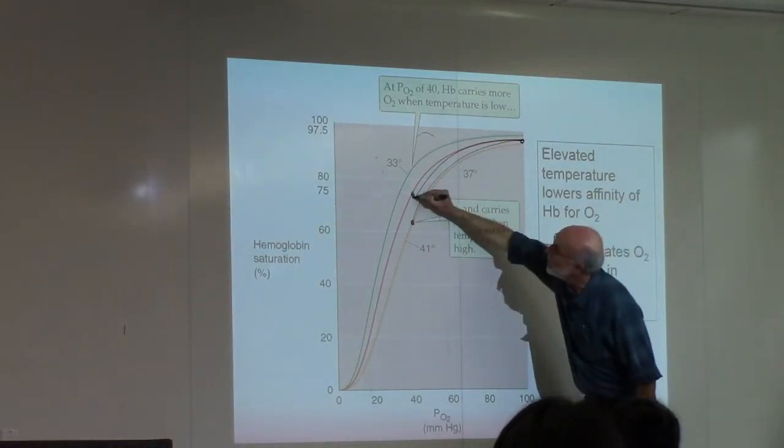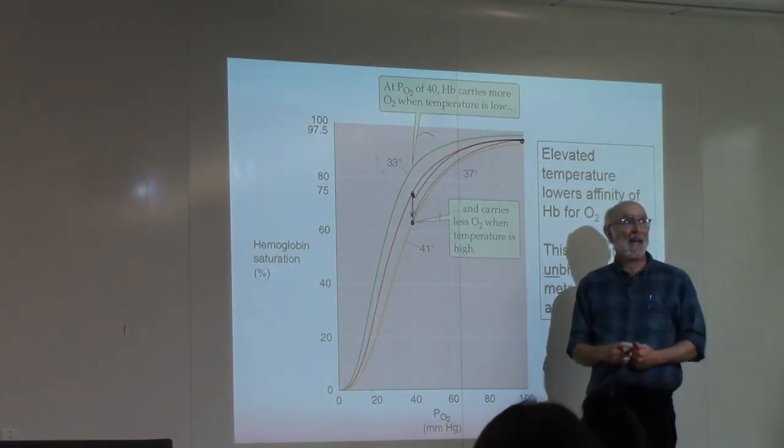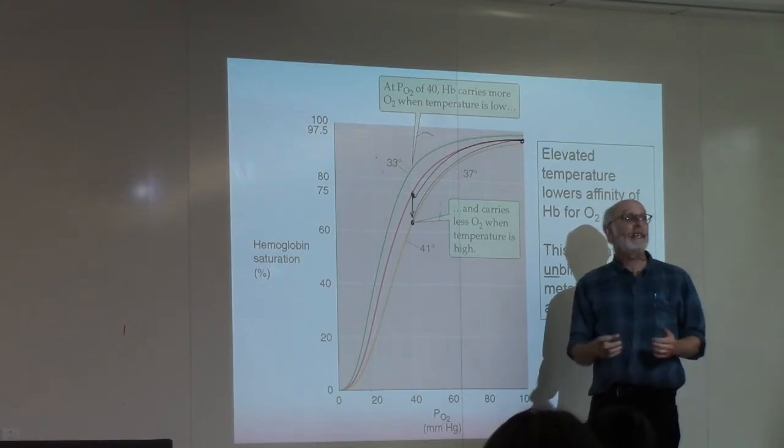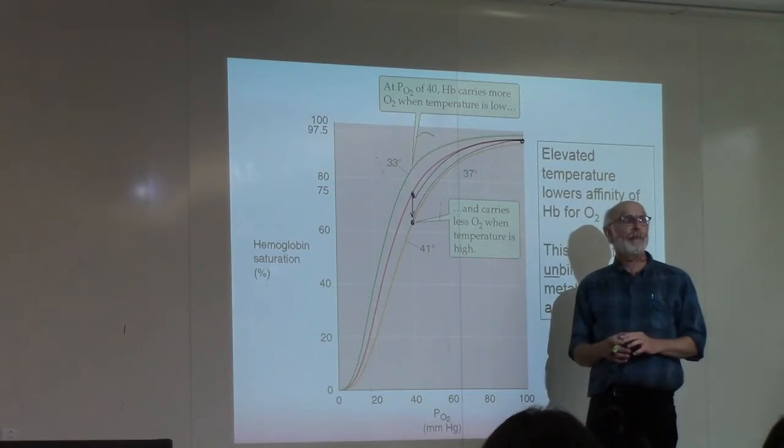In other words, we unbind more oxygen at high temperatures. And that's physiological in order to provide more oxygen to high temperature muscles while exercising.